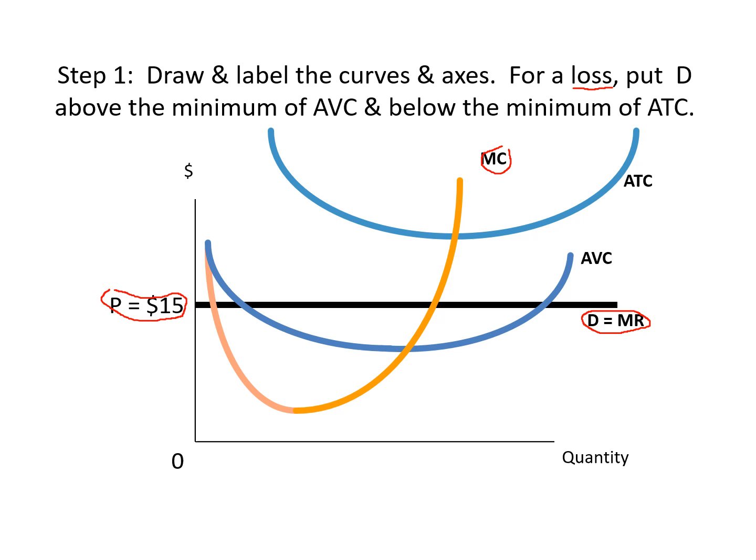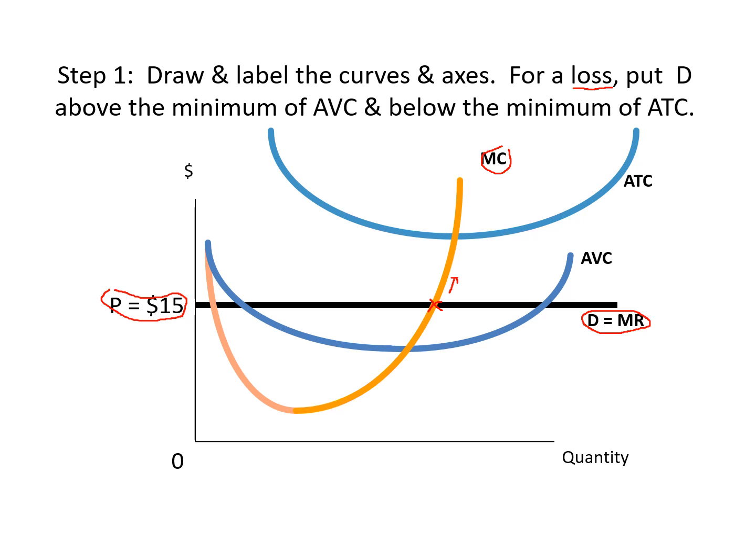And the quantity that the firm should produce in order to maximize their profit or minimize their loss will be where the marginal cost is equal to the marginal revenue. Because if the marginal cost were larger than the marginal revenue, then the firm would be losing more money.